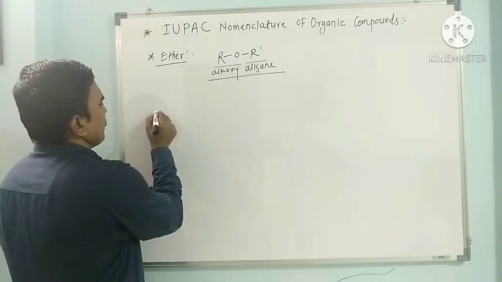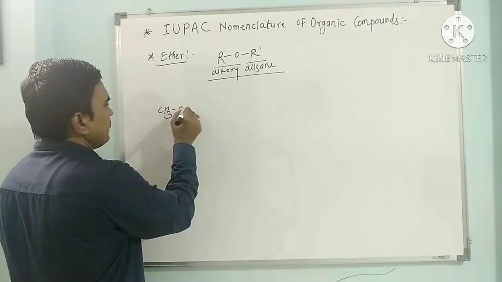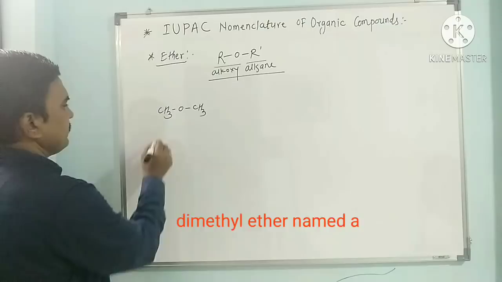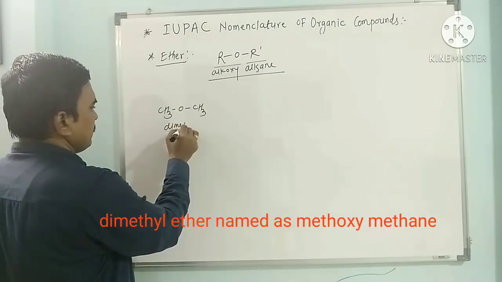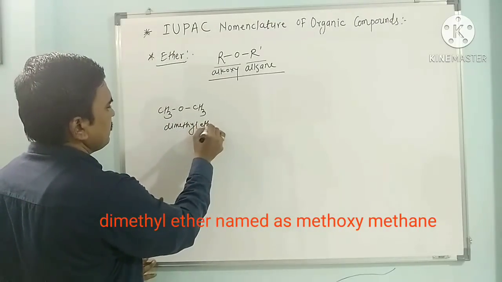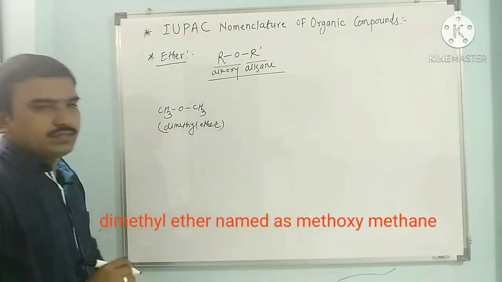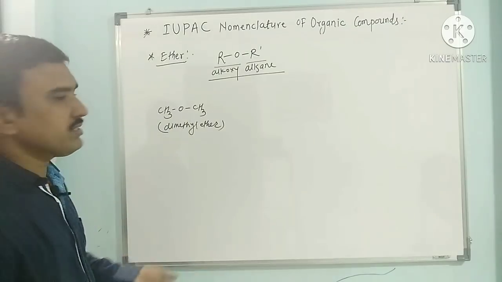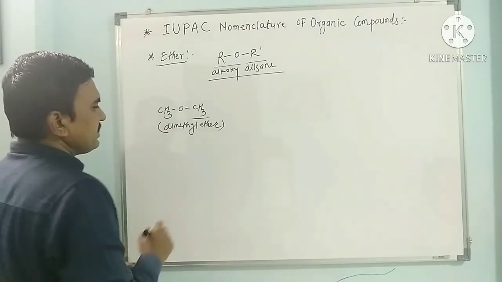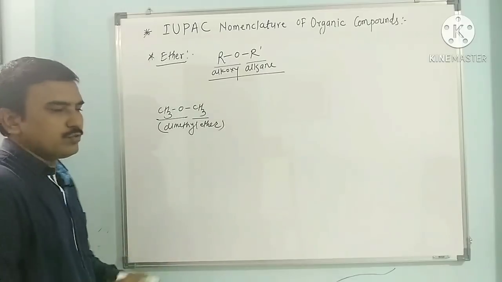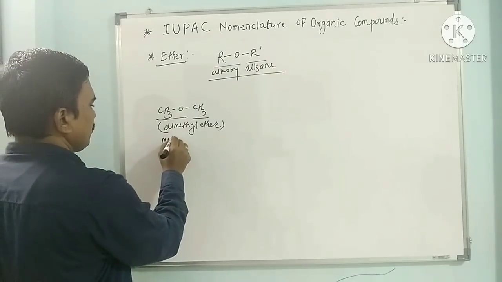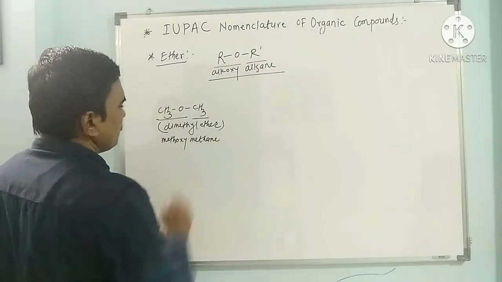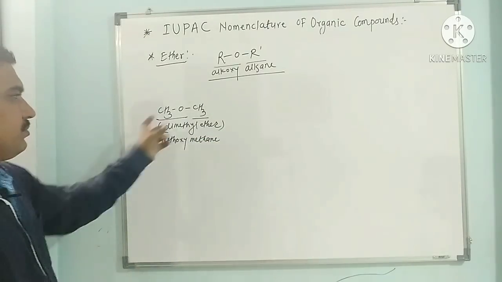Now simplest ether is dimethyl ether. This is simplest, dimethyl ether. This is common name. IUPAC name is, if it is symmetrical, both are same. So one is treated as a methane having this methoxy group. So it is called methoxy methane.